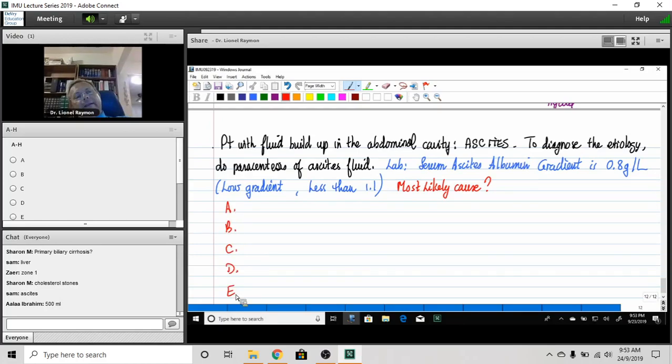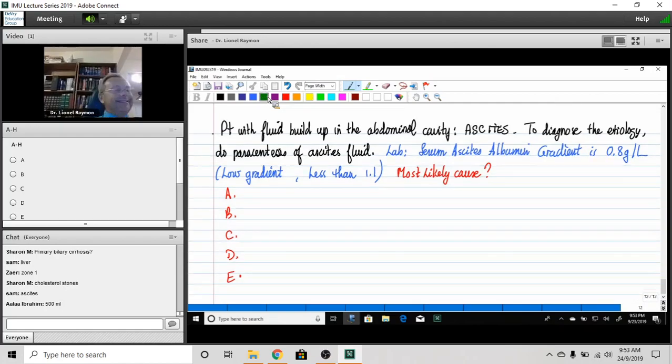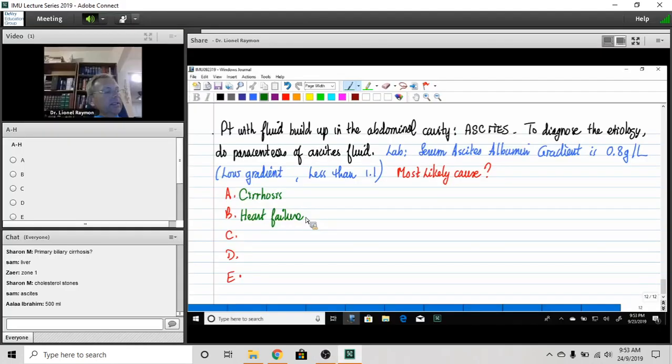And I'm going to give you 5 choices. So think of a serum ascites albumin gradient, SAG as we call it. One cause is that the patient has cirrhosis. Another one is heart failure. Another one is Budd-Chiari syndrome.